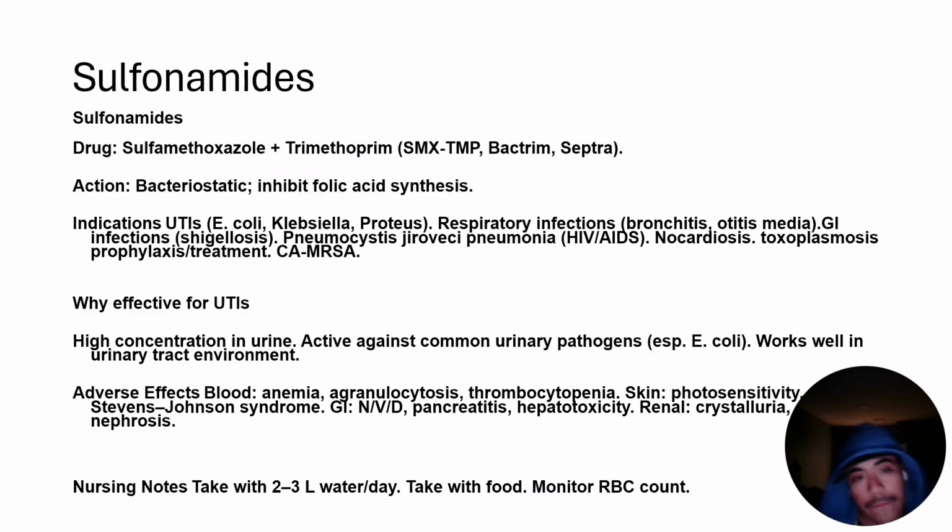It inhibits folic acid synthesis, which inhibits nucleic acid synthesis, and I think it was like purine or something like that. But it just inhibits the first step and then inhibits everything else. That's why it's a static, because it slows it down. Indications: respiratory infections, GI infections. A lot of this is also from outside sources that I was using, but I'm gonna leave this slide up there so y'all can read it and get an idea.